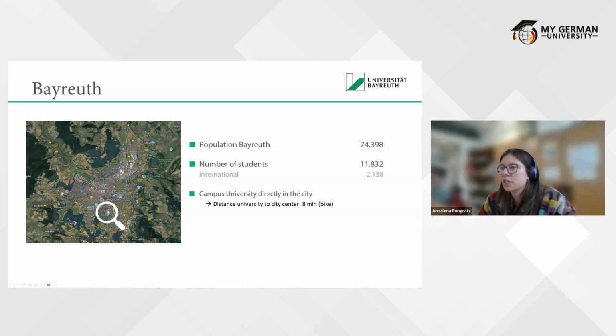The campus is situated directly in the circle shown, close to the city center. It's about 8 minutes by bike, which is a general rule for Bayreuth: 8 to 10 minutes by bike, you can get mostly everywhere.